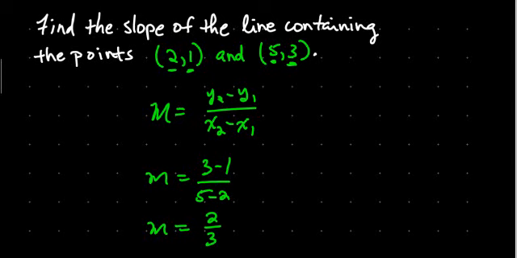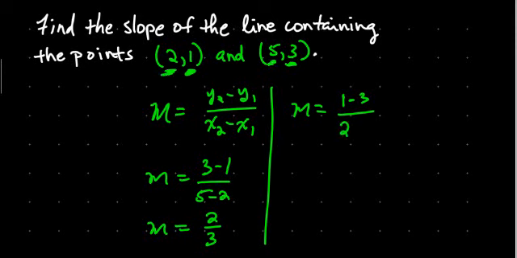And a lot of students want to ask, well, what if I did it the other way? That is, what if we did m equals 1 minus 3 over 2 minus 5. Well, let's see what we get.